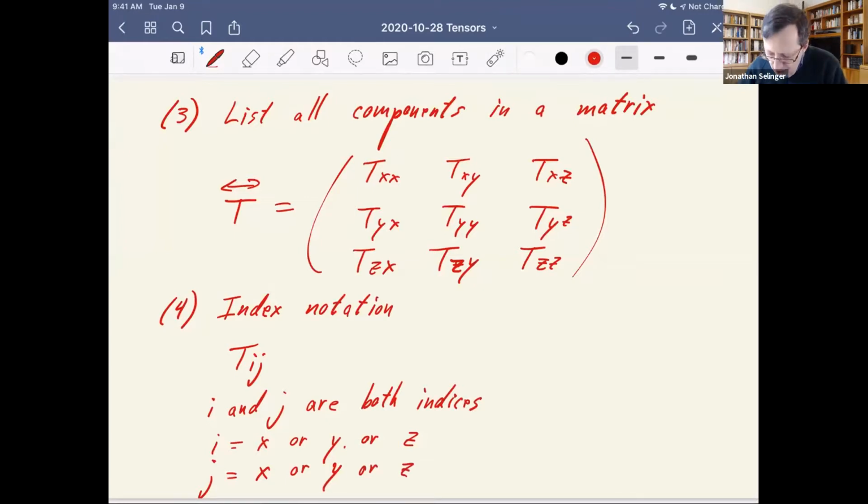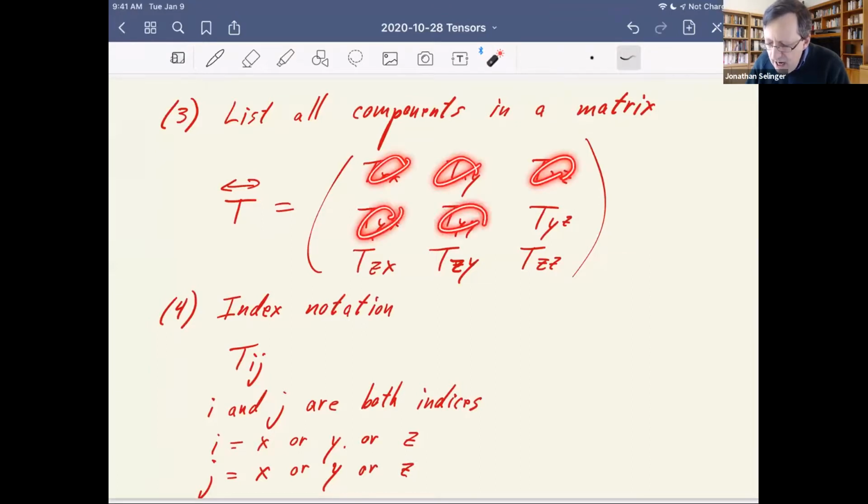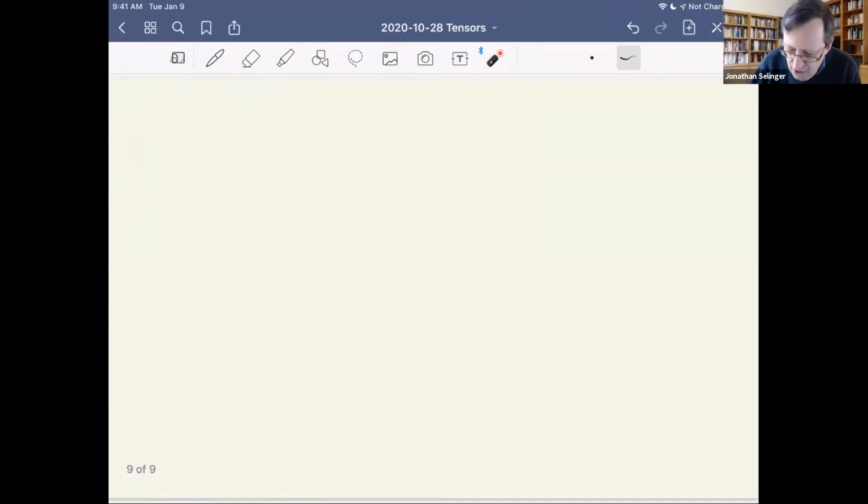All right, so this symbol T sub ij might mean any of these 9 components, right? Depending on which thing I put in for i and which thing I put in for j. Okay. So this could be useful for writing a tensor equation.